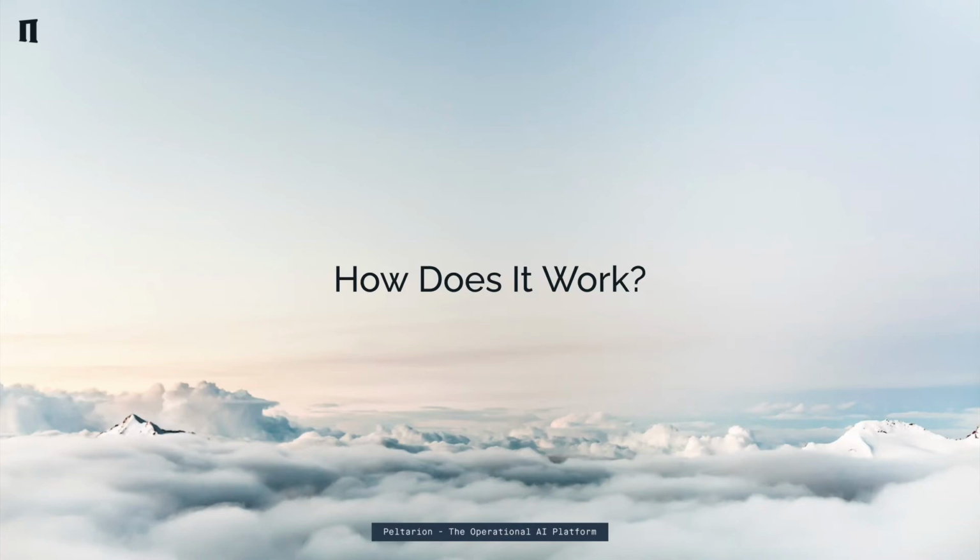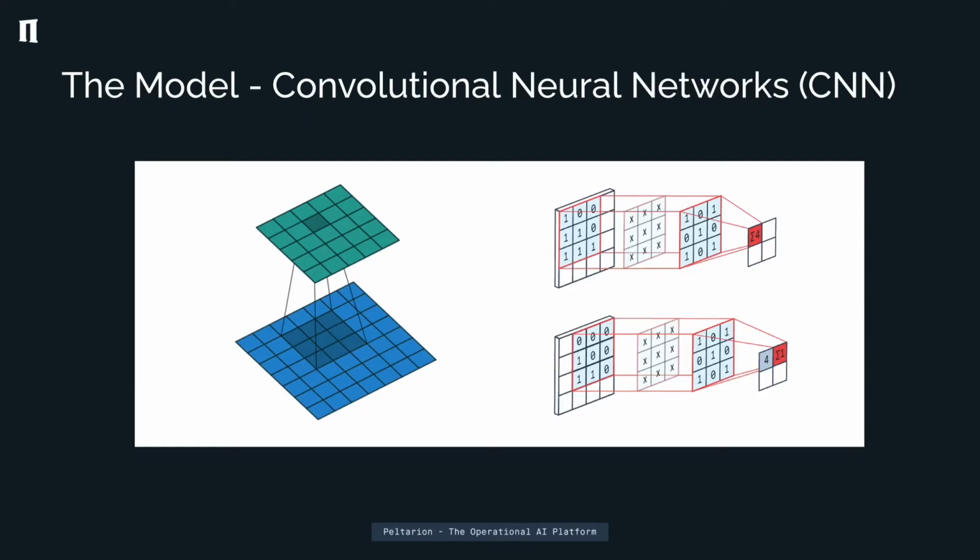But how does it actually work? Is it magic? No, it's just math. Maybe this is boring for some people, but when machines see images, they only see numbers. The workhorse of all image classification work is a convolutional neural network, or CNN for short, and not the news network in the US, unfortunately.